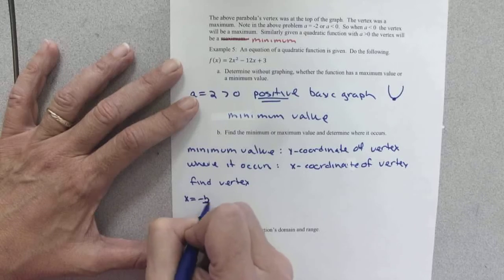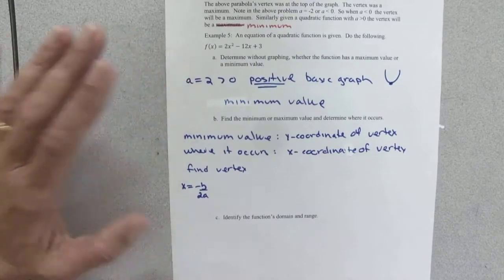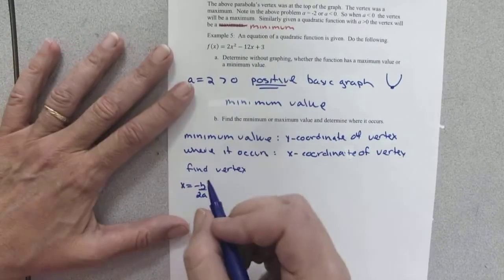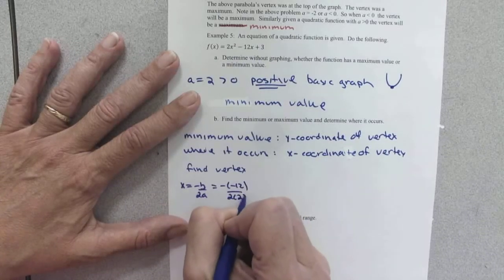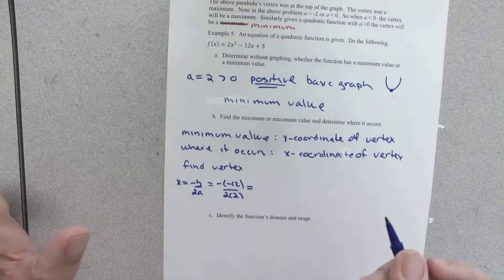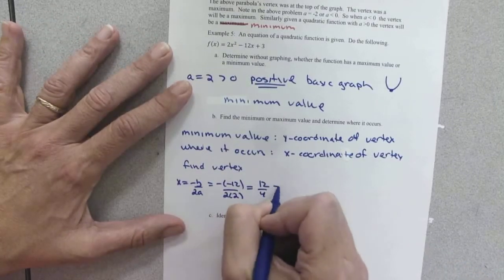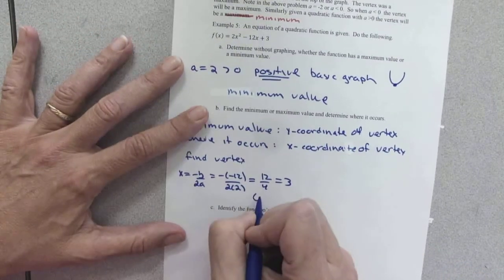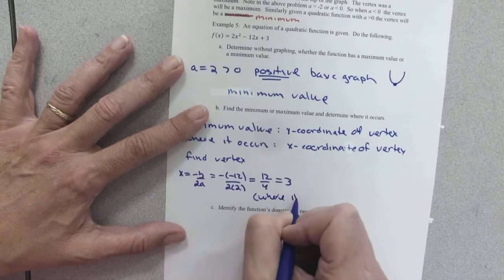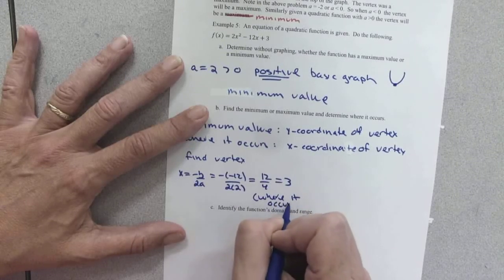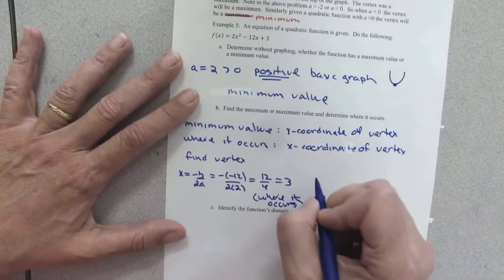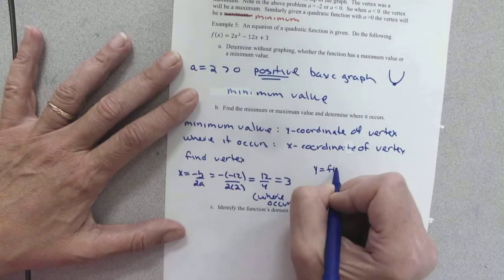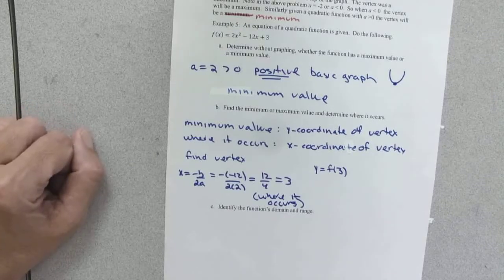So x equals -b over 2a. We'll use that format. So -12 over 2 times 2, and that's 12 over 4, or 3. So that's where it occurs. Then my y-coordinate is going to be f of 3.